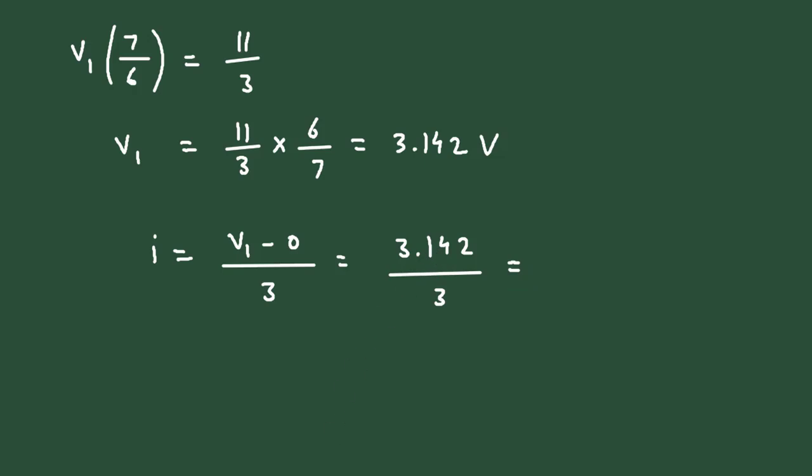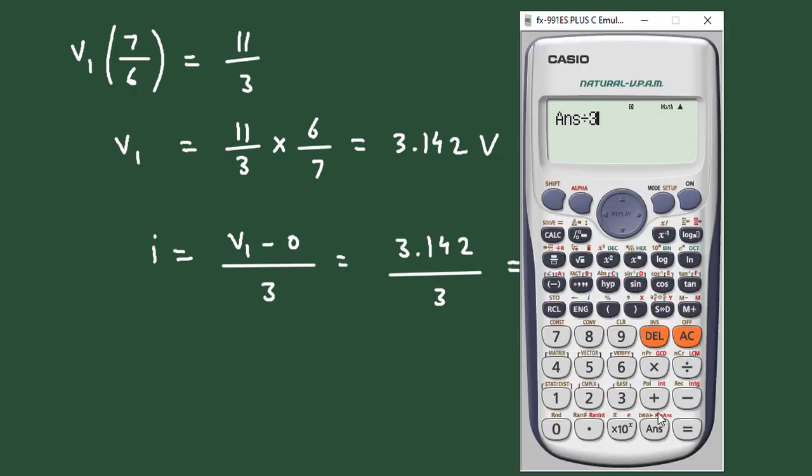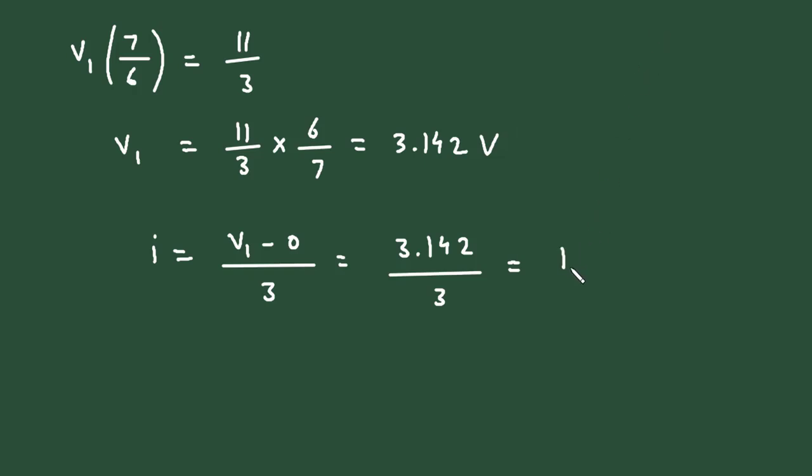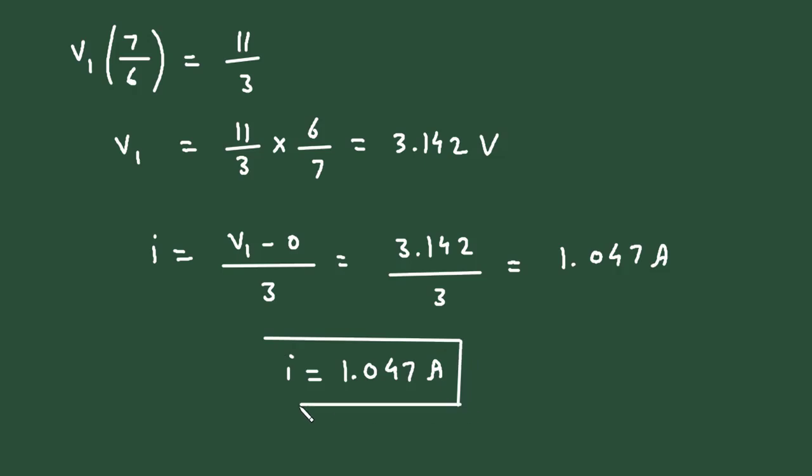If we solve this, we get 1.047. Since it is current, its unit will be ampere. So I is equal to 1.047 ampere. This is how we can find the value of current I by using nodal analysis.